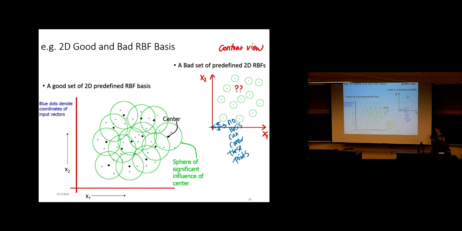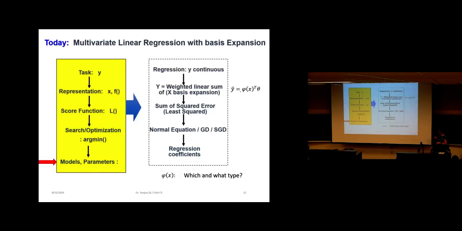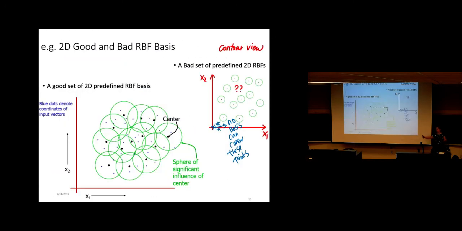That's already reduced one degree of freedom, right? But I still have choices about where to put the centers. And of course, you can also make them different sizes, I mean different wideness, different lambda. Maybe one is really, really wide, the other is really, really narrow. Those are also possible choices.